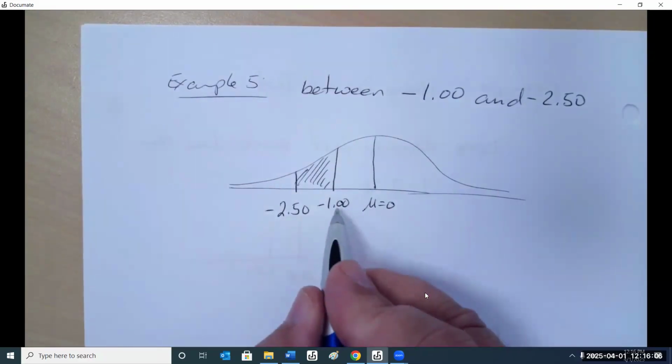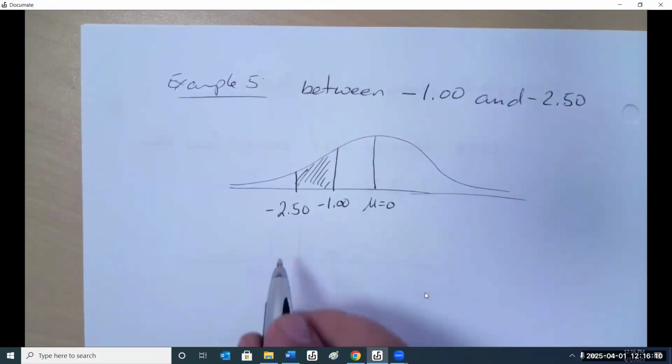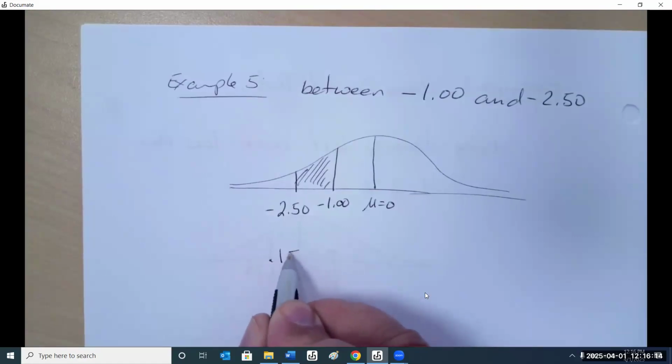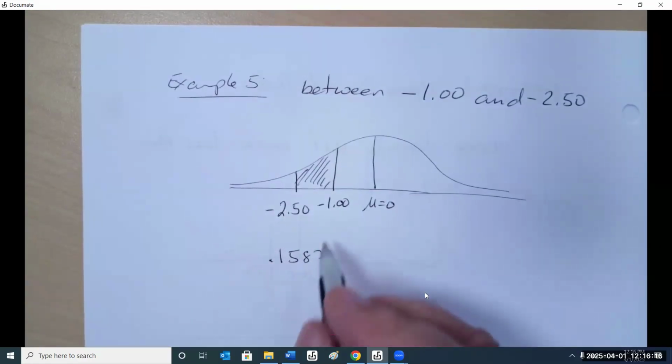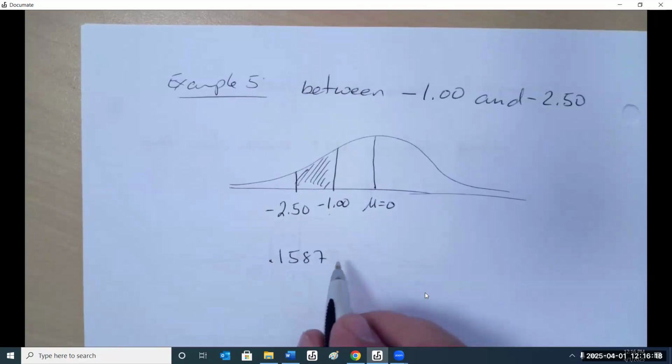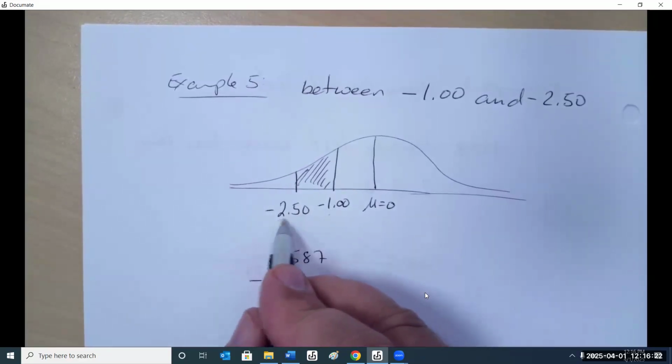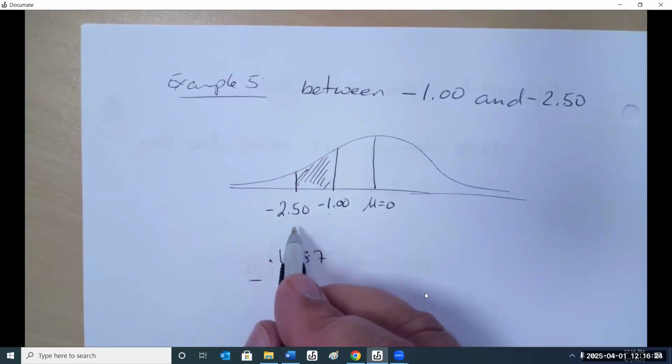Yeah, so the probability, the percent of negative 1.0 is what? 0.1587. And we subtract from it. What's the area of negative 2.50?